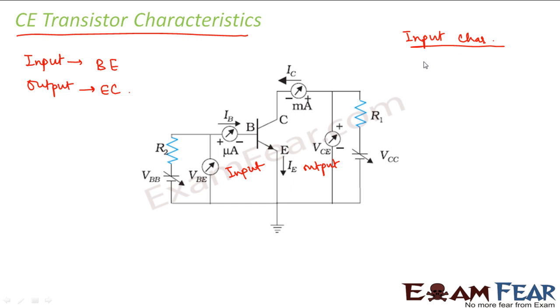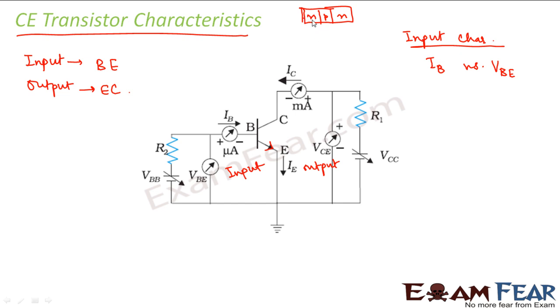That means we will see the variation of the input current with the input voltage. What is input current? Input current is IB. We will see the variation of IB with VBE. What is VBE? I told you before also, it is nothing but the potential difference between the base and the emitter. For example, here what have we taken? Is it a PNP transistor or an NPN transistor? By looking at this arrow, you can say that it is an NPN transistor.